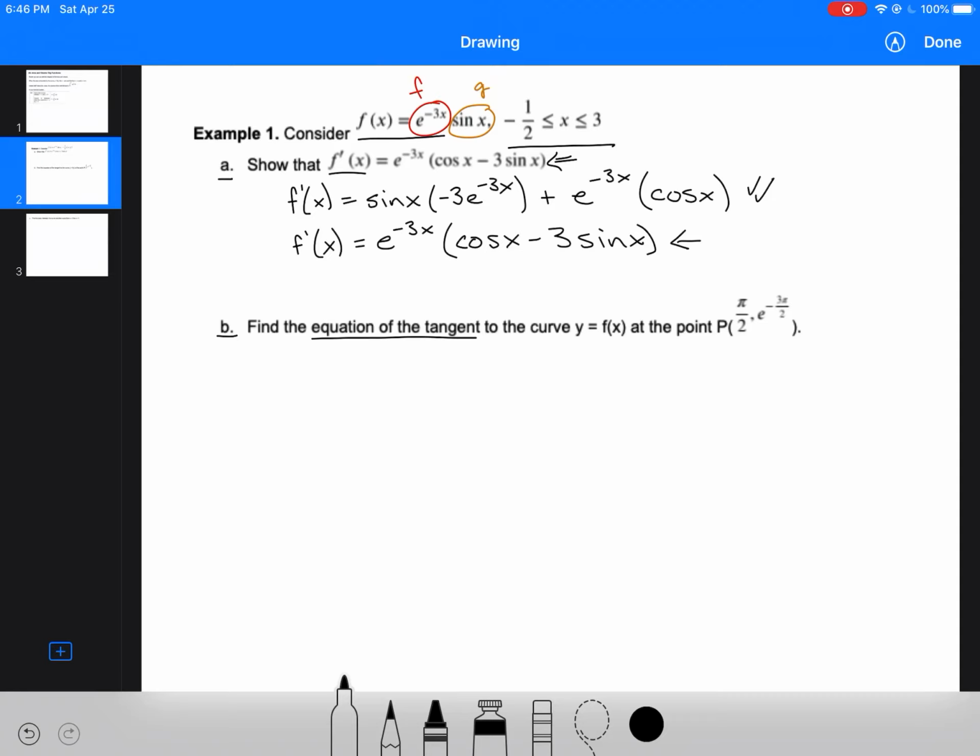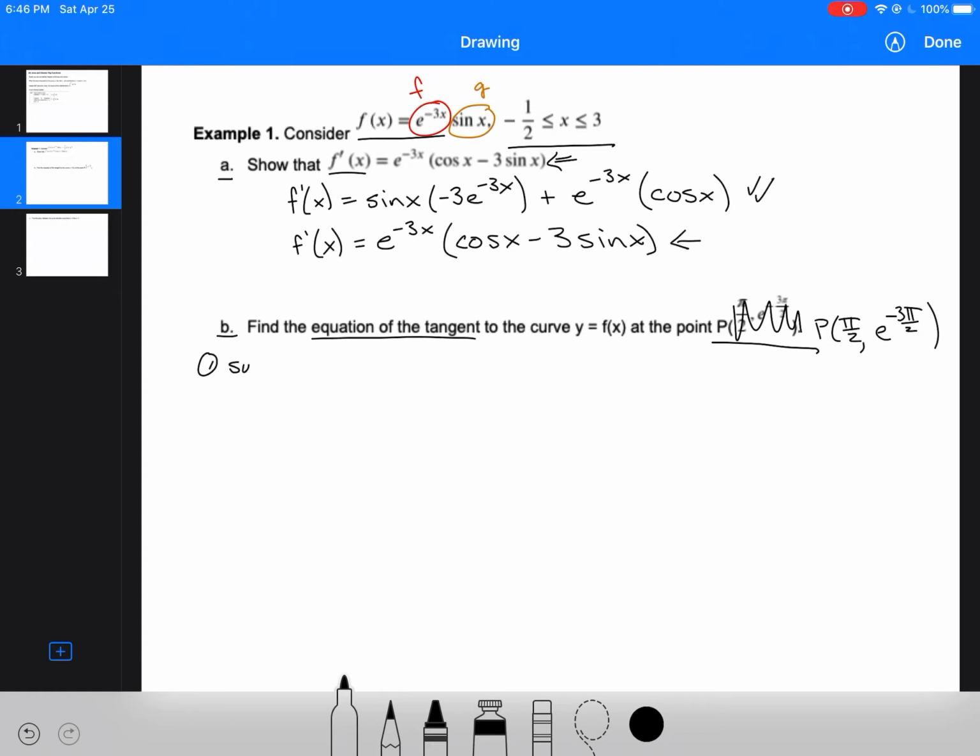Now we're going to find the equation of the tangent to the curve at the point P, pi over 2, e to the minus 3 pi over 2. It looks like it's all in the exponent, so let's change that. So we've got P, pi over 2, e to the minus 3 pi over 2.